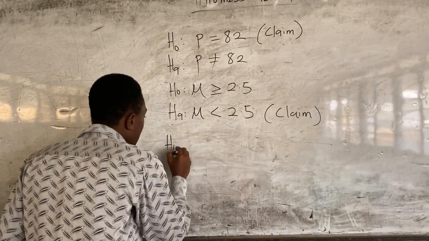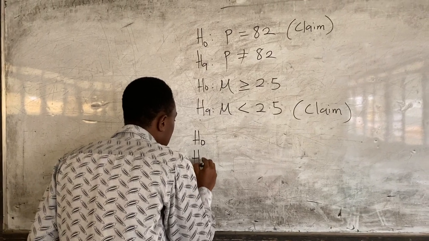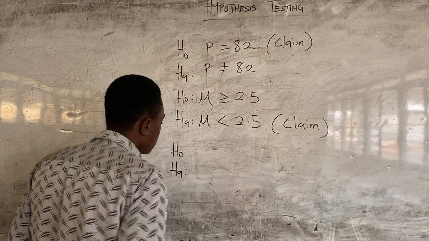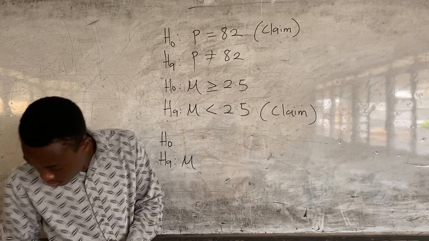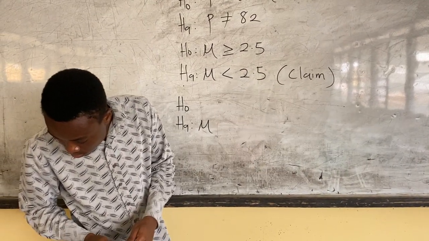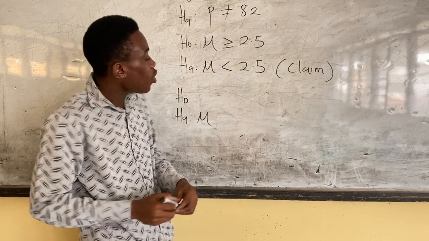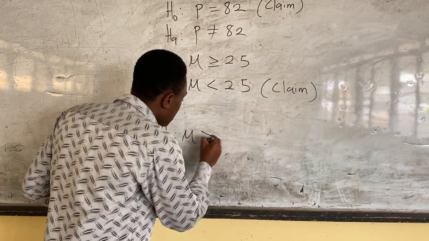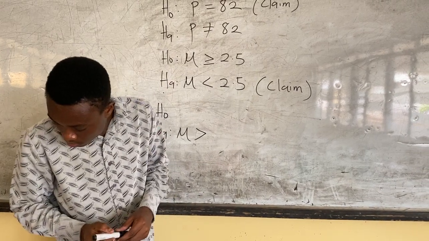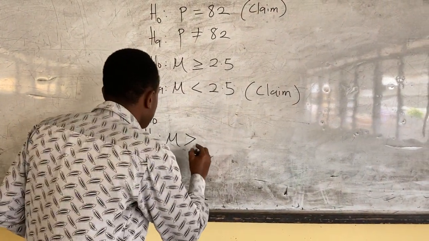So once again, we have our null hypothesis and then alternative hypothesis. The content of the 20-ounce cereal box is more than 20 ounces.